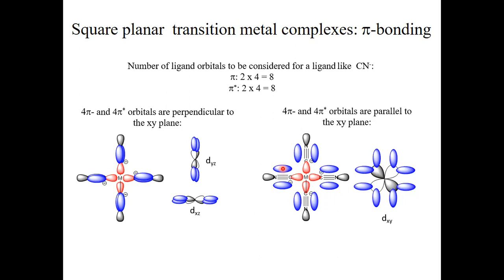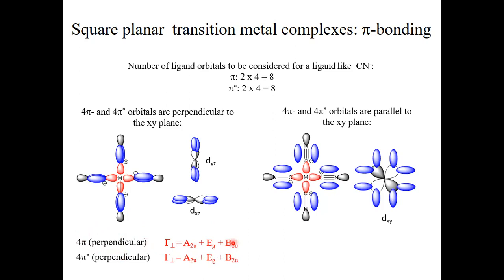So in the next step, we need to determine all the symmetry types of these different orbitals, the perpendicular ones and the parallel ones. All right. So for the perpendicular ones, we have for the bonding ones the symmetry type A2u plus Eg plus B2u.